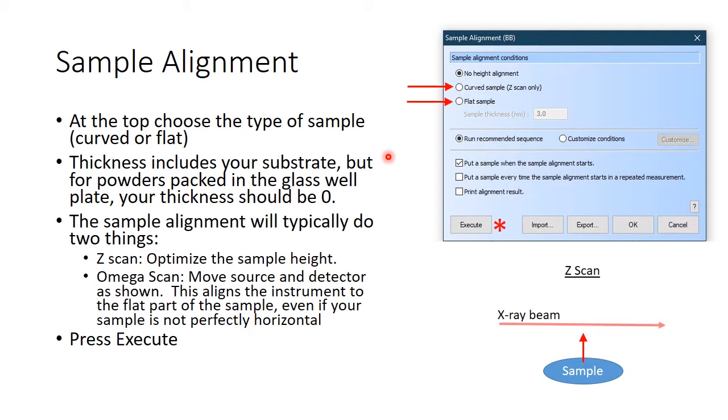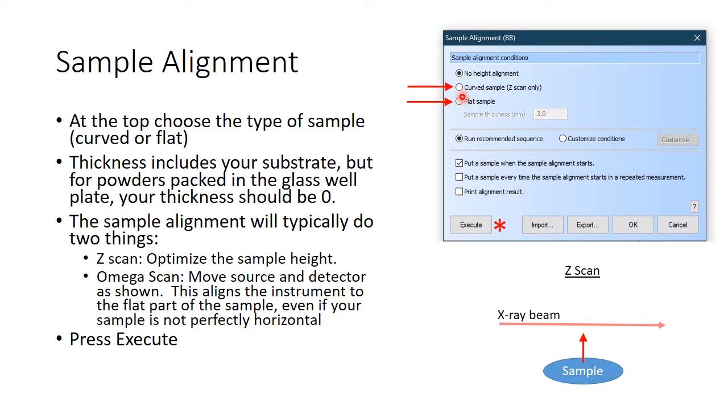That well plate is going to fit into a spring-loaded holder that pushes the top of the sample against a solid support. And so the sample is always at exactly the same thickness. And in that case, your sample thickness is 0. If you have questions about this, please feel free to ask me when we do your in-person training or your live training.